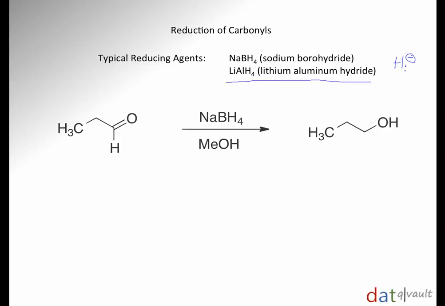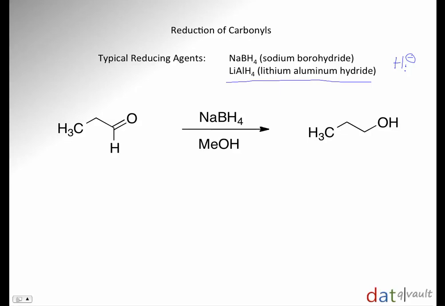Give you some examples here. So the first examples we're going to look at are aldehydes. So sodium borohydride, like I said, is the milder reducing agent, but it is still strong enough to reduce an aldehyde to the corresponding primary alcohol.